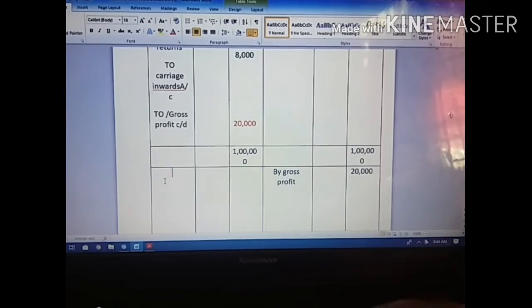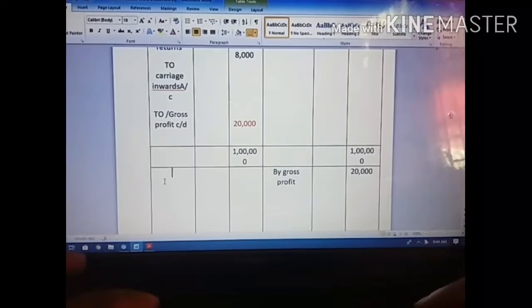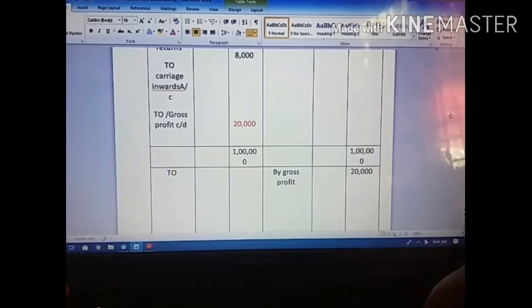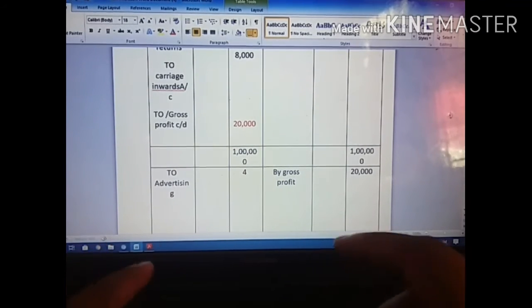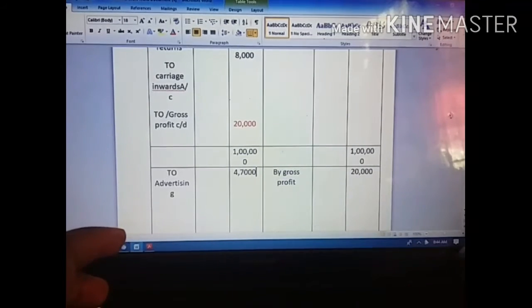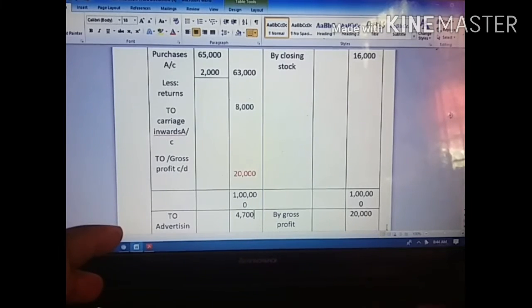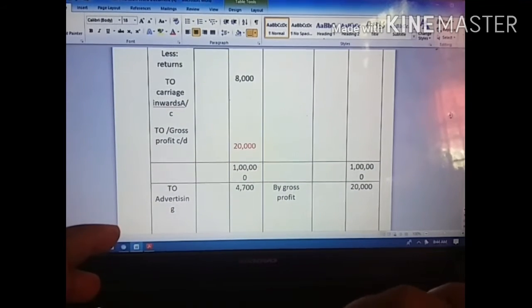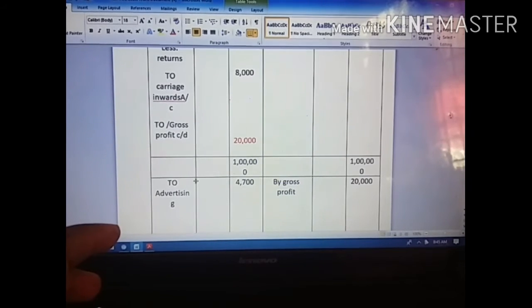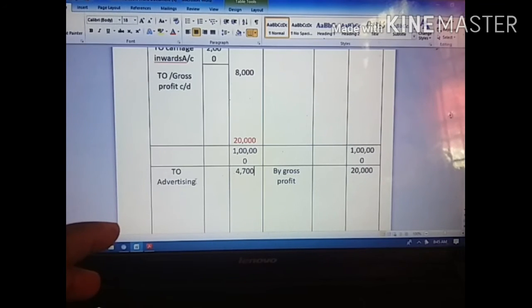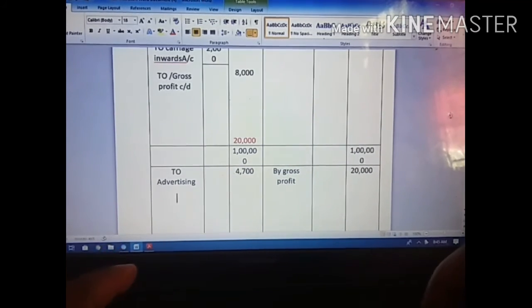So on the debit side, first we are going to write: to advertising 4,700.